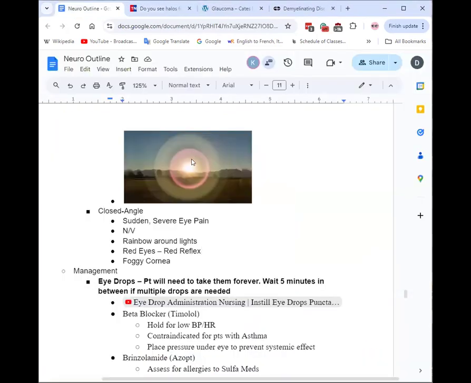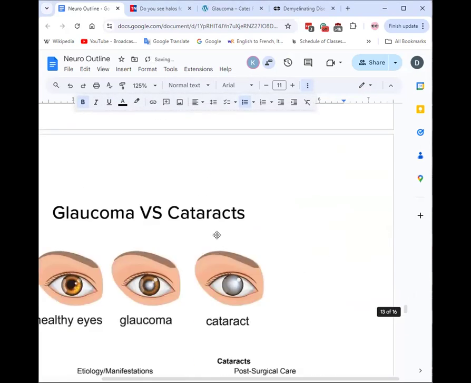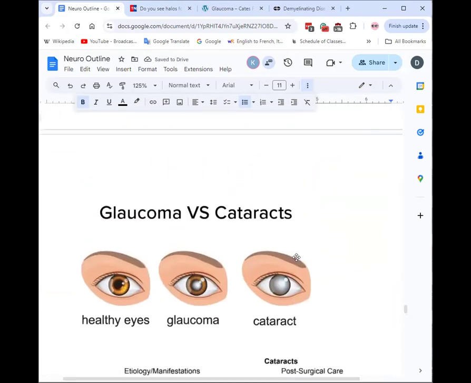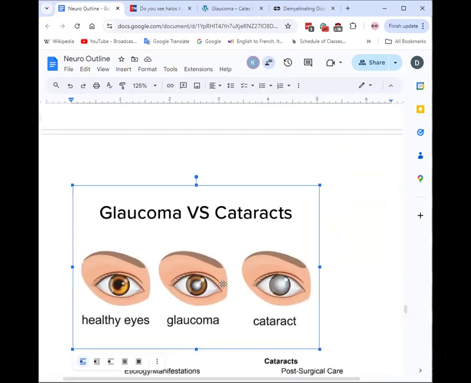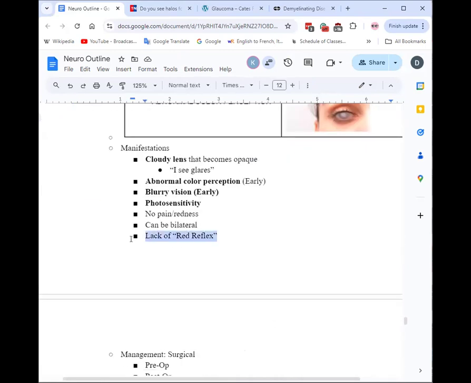So that's something to do with glaucoma. That was the thing I was saying: glaucoma has the red reflex, cataracts does not. Visually they can look similar, but cataracts will not have a red reflex, while glaucoma does.